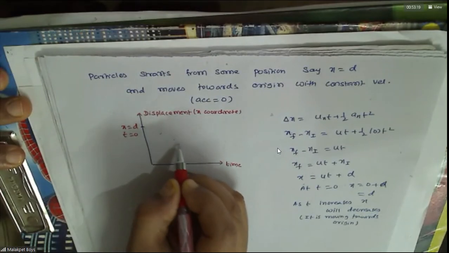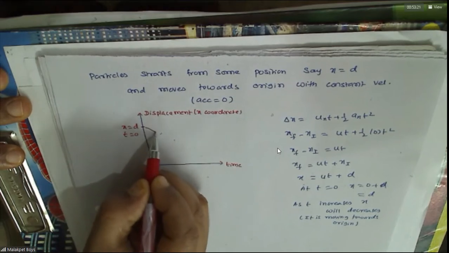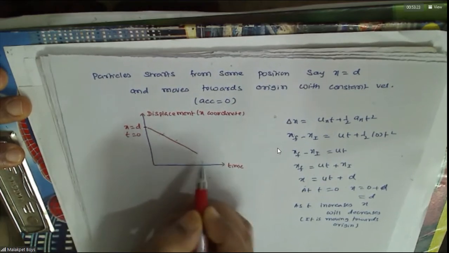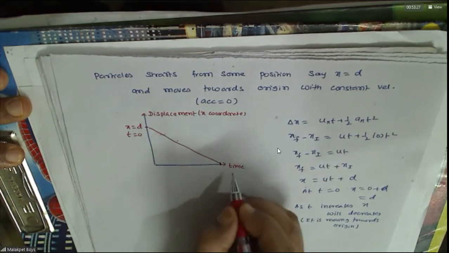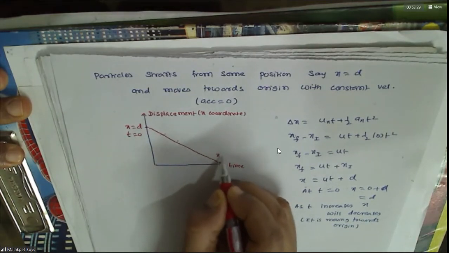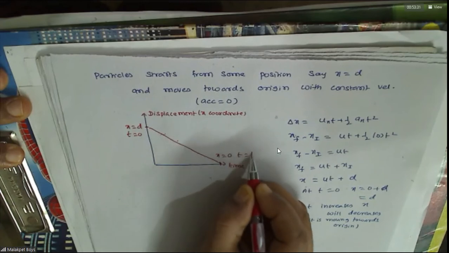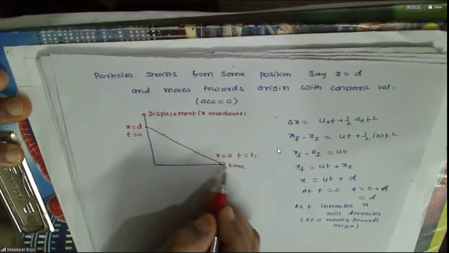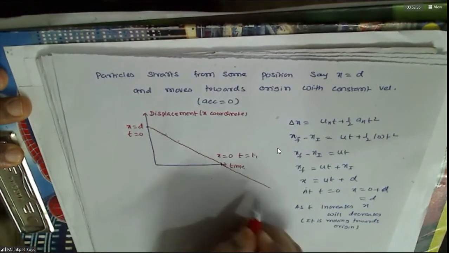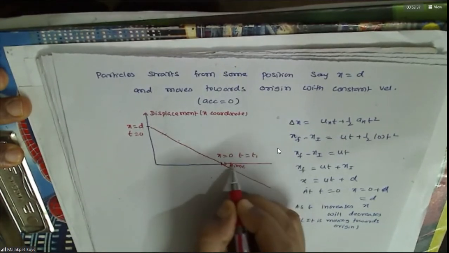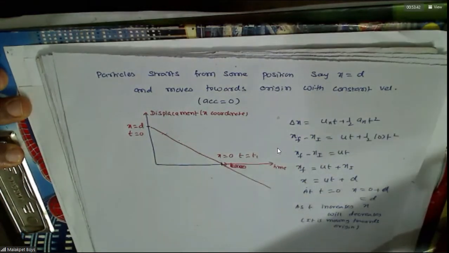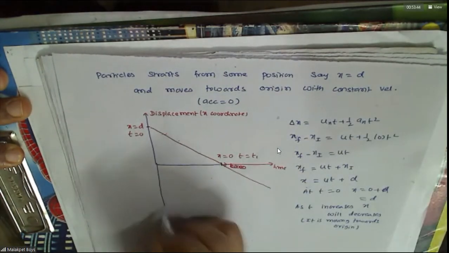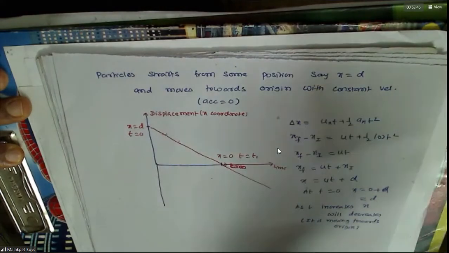It decreases slowly. At some point, it should reach here. Agreed? Here x is equal to 0 at some time. After this, it may go along the negative also, no? Understood this? Now you can see this is the negative x now.